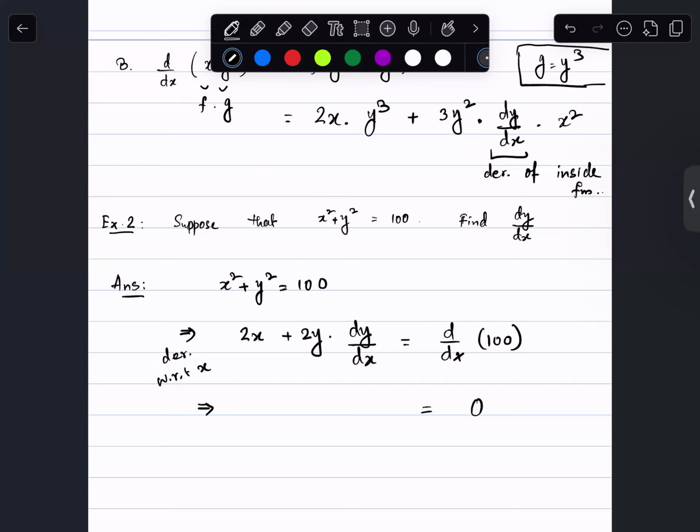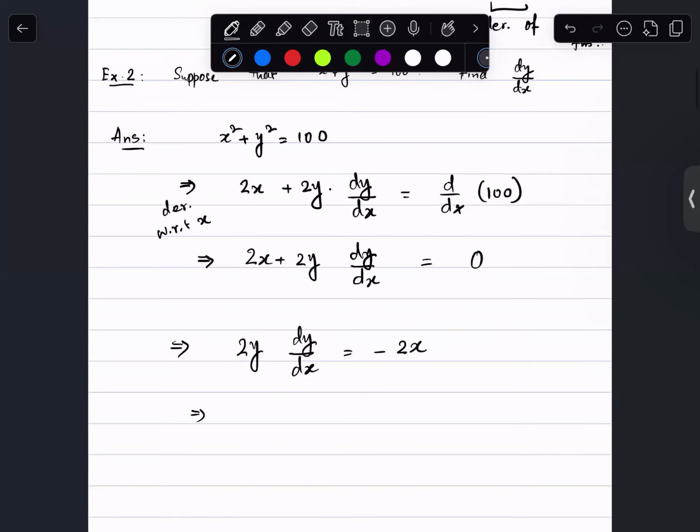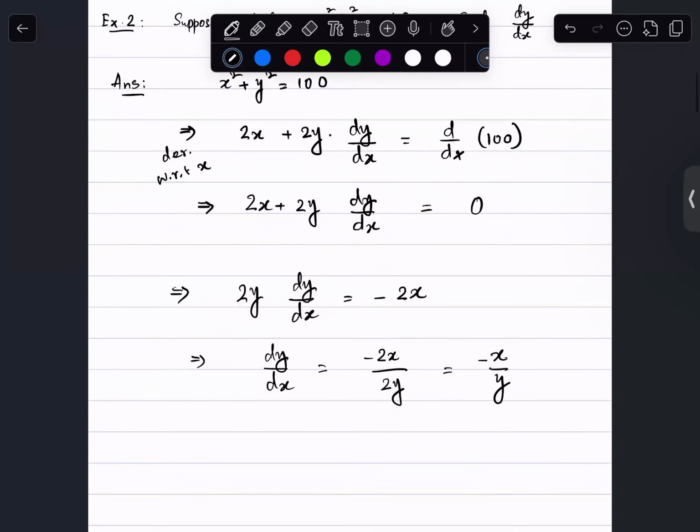So I get 2x plus 2y dy over dx equals 0. My goal is to find dy over dx, so I want dy over dx on one side. I can subtract 2x to get negative 2x on the other side, and then divide by 2y to get dy over dx on the left hand side. Ultimately, I get minus x over y as my dy over dx, right?